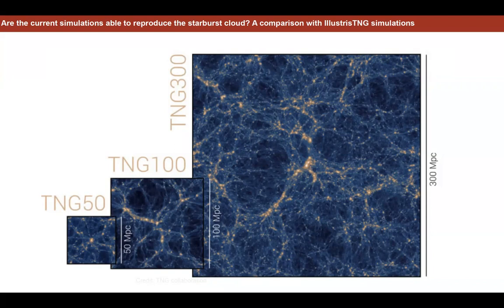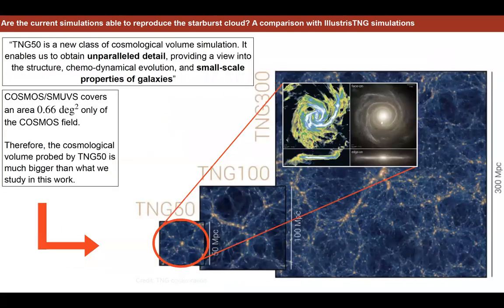In this study we adopted the Illustris TNG, and in particular for this work we only considered TNG50. I want to stress the fact that the S2COSMOS survey, which is the sample that dominates our study, covers only 0.66 square degrees of the COSMOS field.